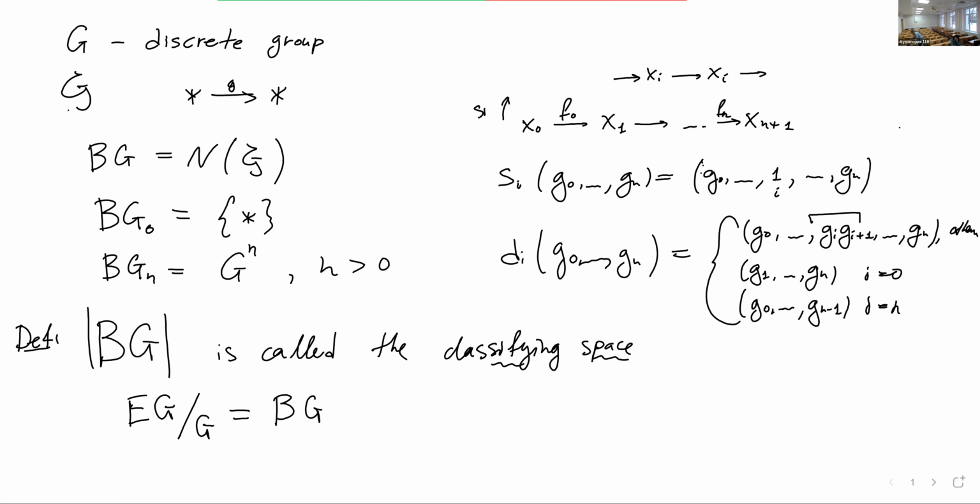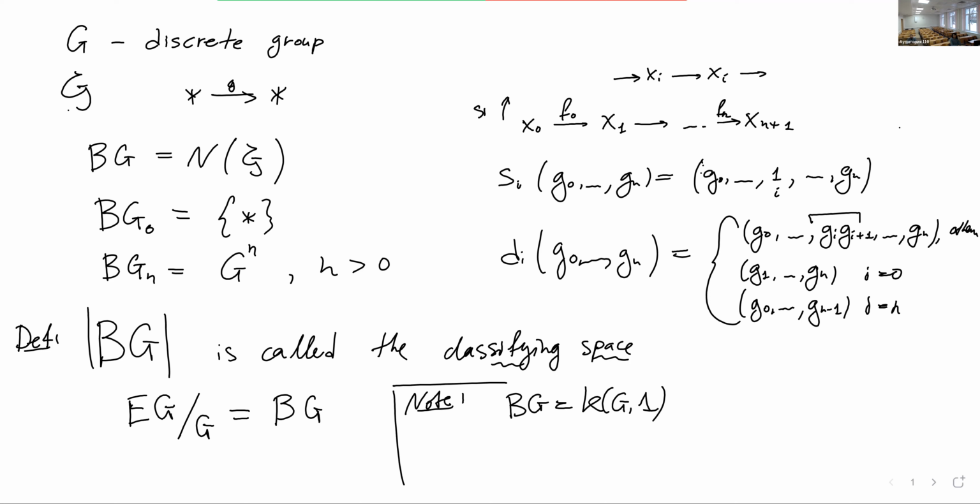So yes, we have this classifying space for any discrete G. It's worth noting that, so let's say first that BG is a K(G,1) space. So its fundamental group is G, and it is aspherical beyond that.